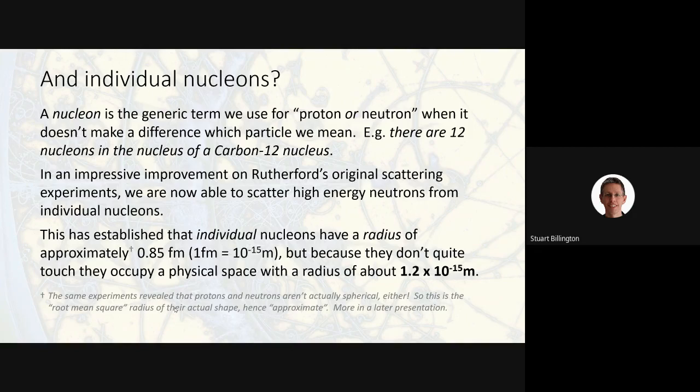So a proton isn't actually spherically shaped, and neither is a neutron. I've said an approximate radius because spheres have a radius, but non-spherical things don't. So this is the kind of radius it would have if it was a piece of plasticine and we remolded it into a spherical shape. But they aren't spherical shapes. They're slightly triangularly shaped, and we'll come back to that in a future lesson.